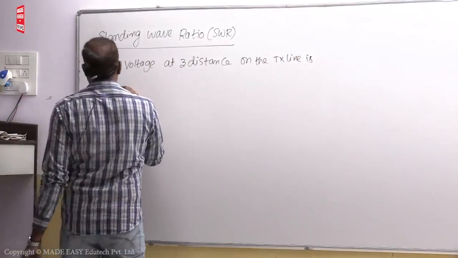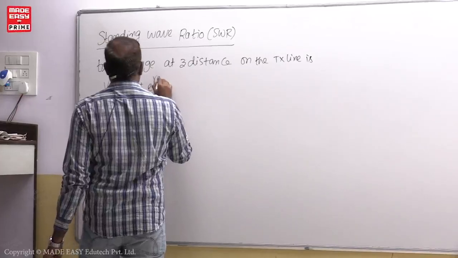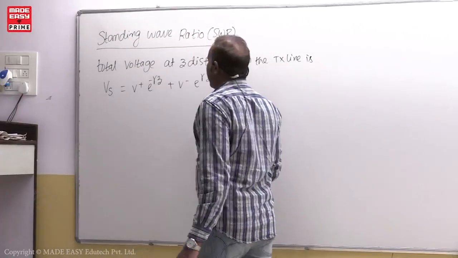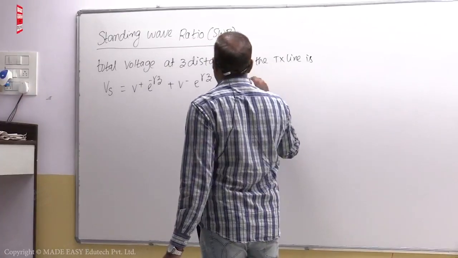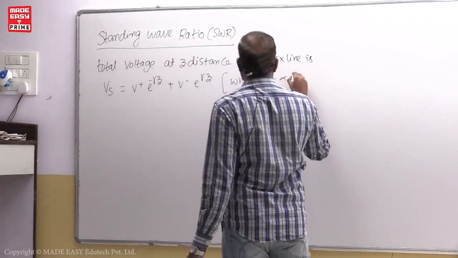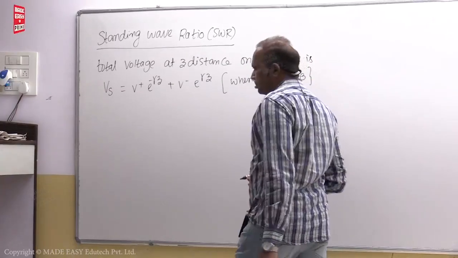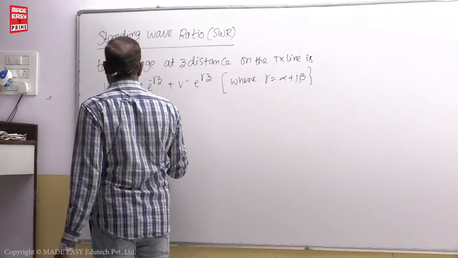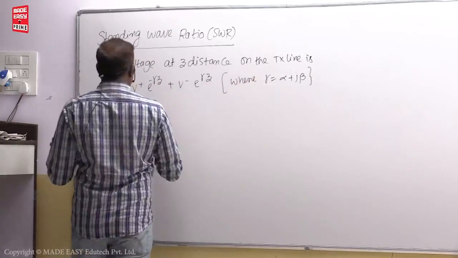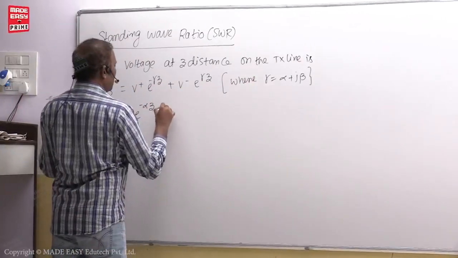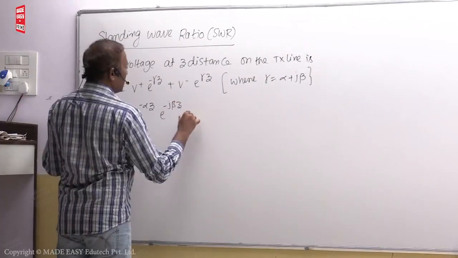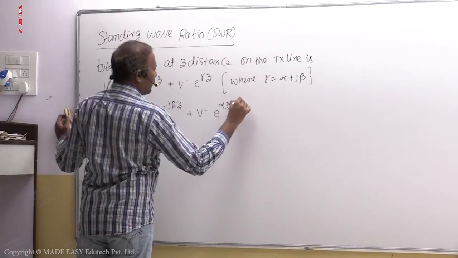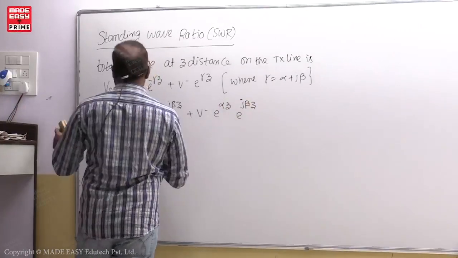It was Vs equal to V plus e power minus gamma z plus V minus e power gamma z, where gamma is equal to alpha plus j beta. Now Vs is equal to V plus e power minus alpha z e power minus j beta z plus V minus e power alpha z e power j beta z.